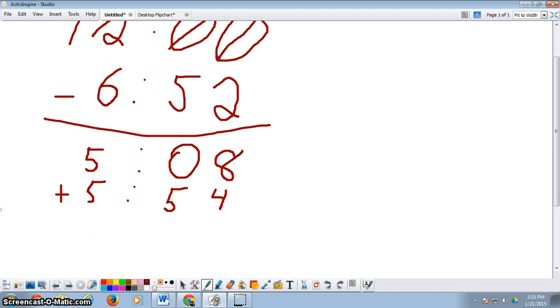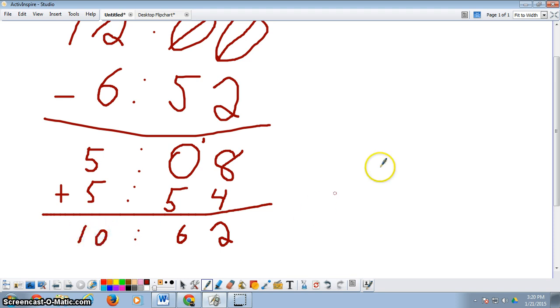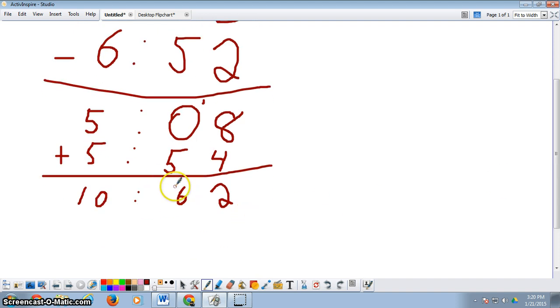Okay. And when we do our math for this, 8 and 4 is 12. Carry the 1. 6 and 10. The problem with doing this problem is that we get more than 60 minutes here in our minutes column. So our solution to fix that is we need to then subtract 60, which is 1 hour.